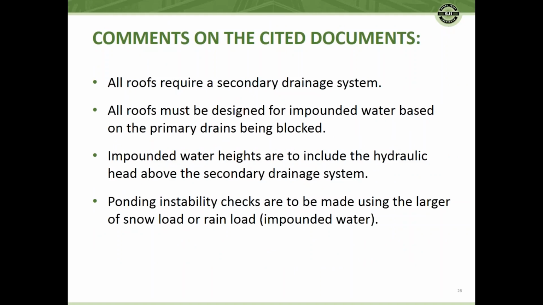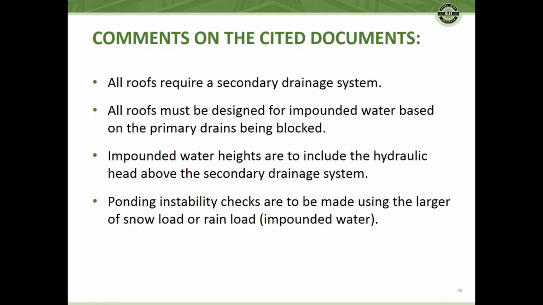Sort of a summary here. All roofs require a secondary drainage system. All roofs must be designed for impounded water per IBC based on the primary drains being blocked. Impounded water heights are to include the hydraulic head above the secondary drainage system.